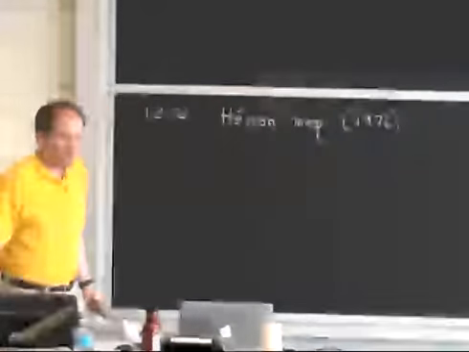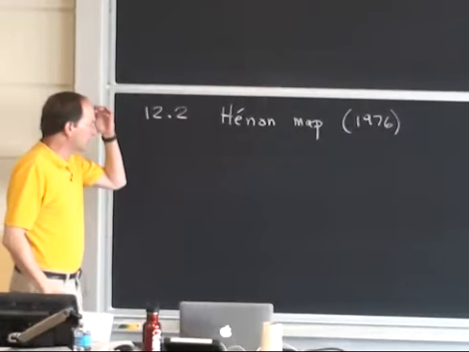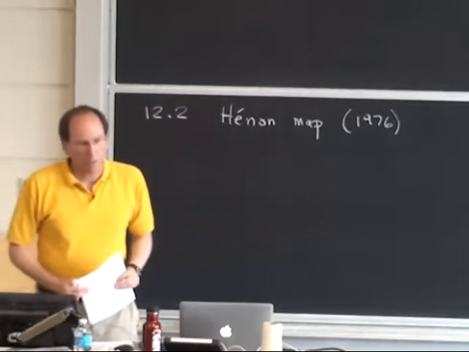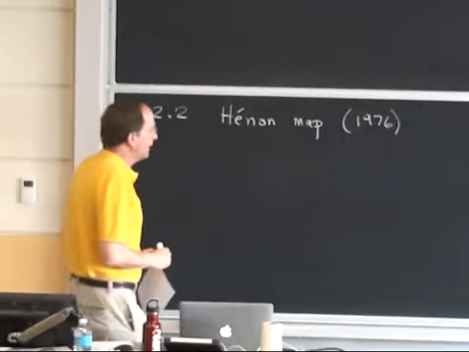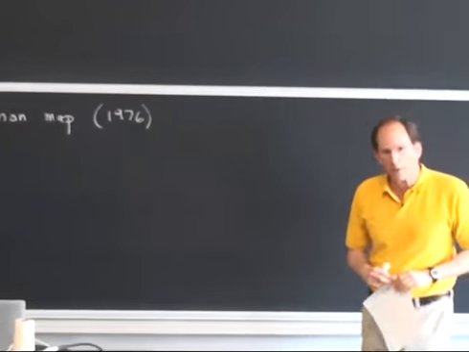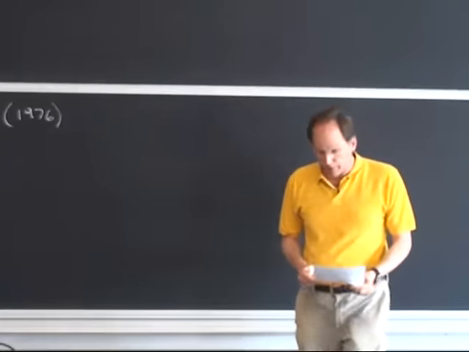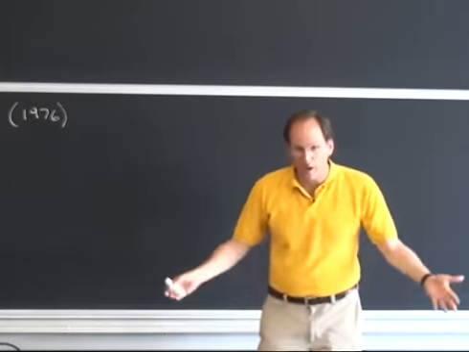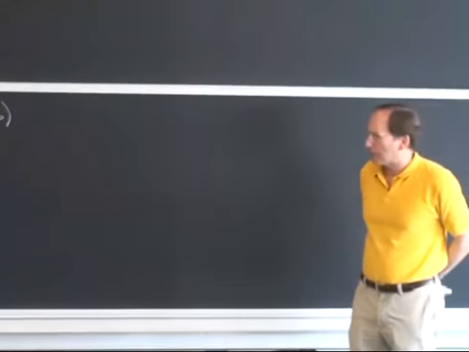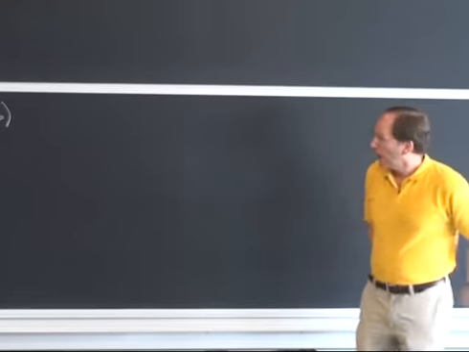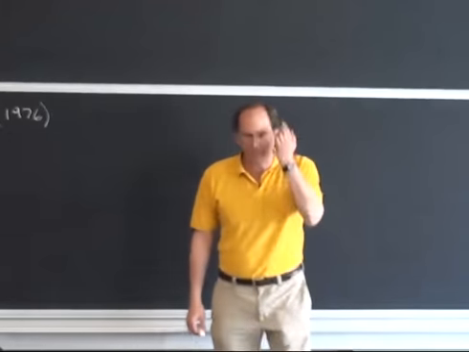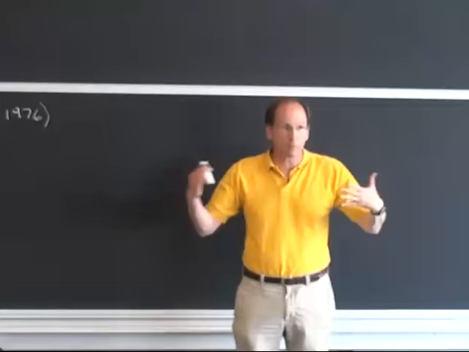Michel Hénon is a French mathematical astronomer who was apparently at a lecture by another French physicist named Yves Pomeau, who was talking about the Lorenz system in the days when the Lorenz system was extremely hot. Remember that it was published in 1963. It was ignored for about the first 10 years of its life. And then by the mid-70s, people had discovered it and were fascinated by what Lorenz had seen, and they were going much deeper.